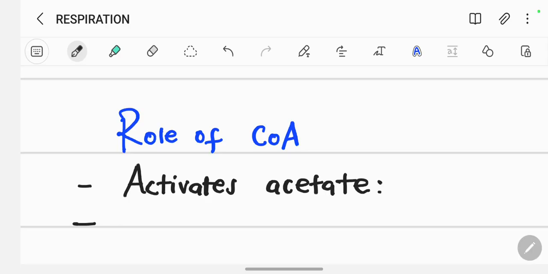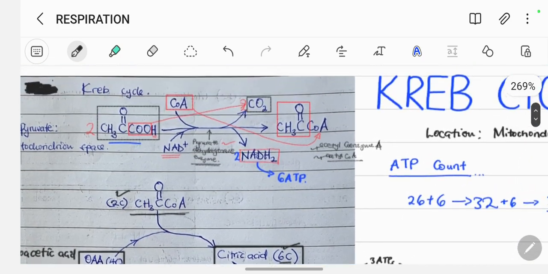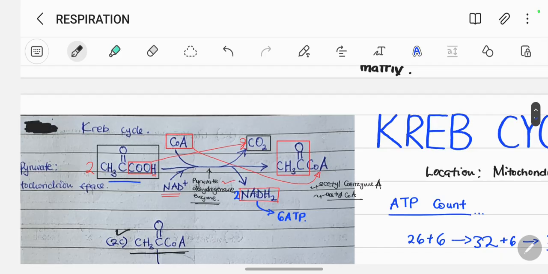The acetate I'm talking about is this group here. If coenzyme A is not there, then that acetate is not active.